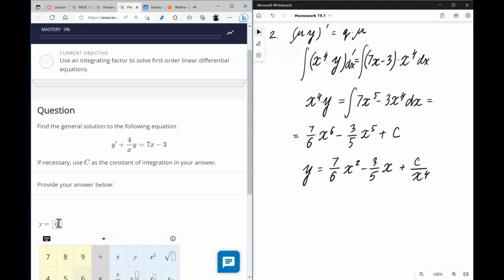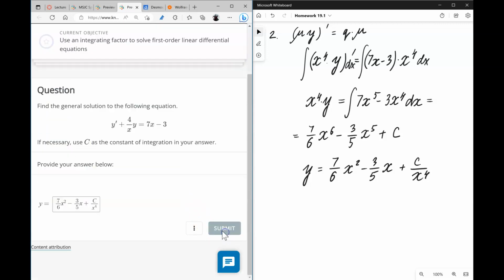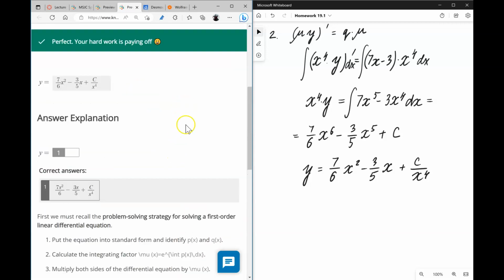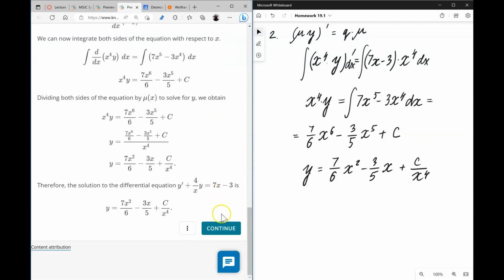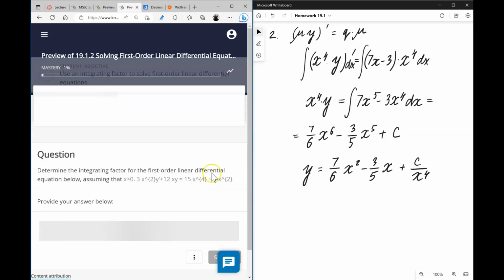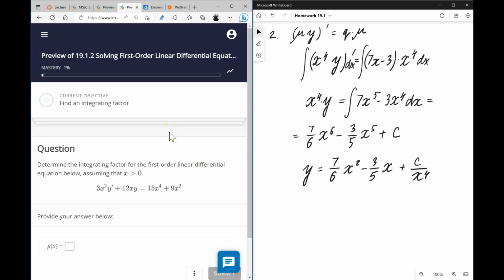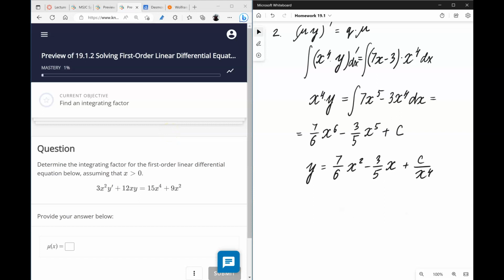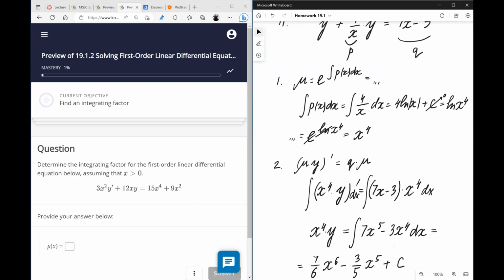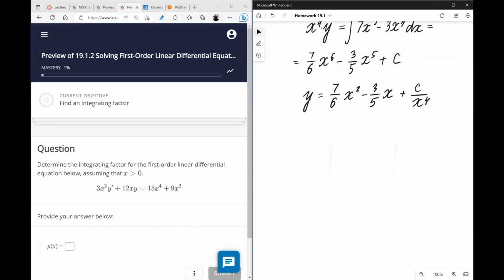So we have 6x squared minus 3/5 x plus c divided by x to the power 4. All right, so this was problem 11.